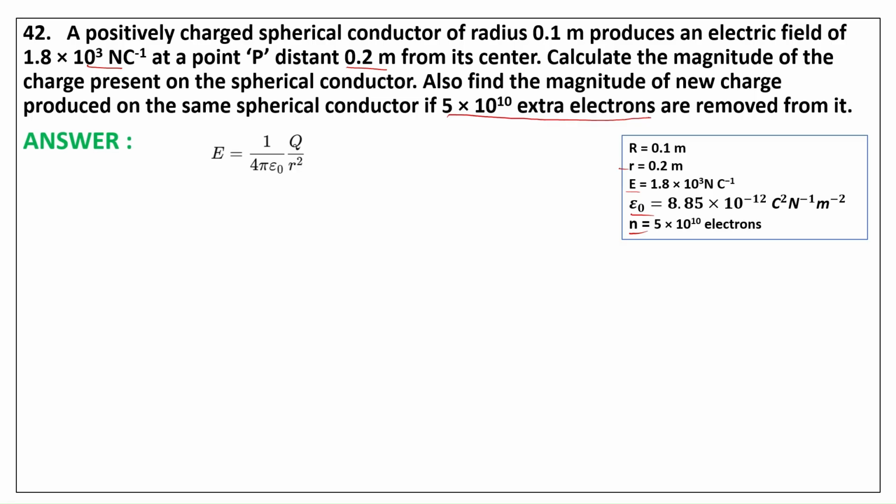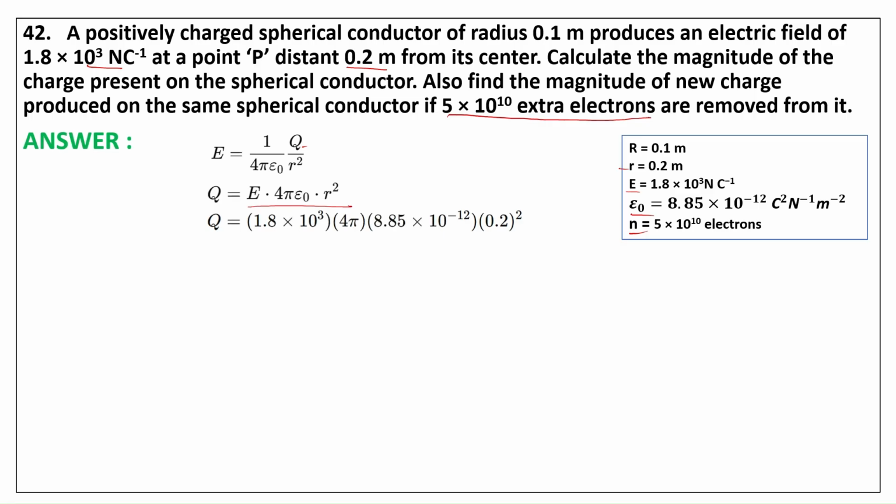For a point outside a charged spherical conductor, E is equal to 1 by 4 pi epsilon naught, Q by R square. On equating to Q we get Q is equal to E into 4 pi epsilon naught, R square. Substitute values in above equation.